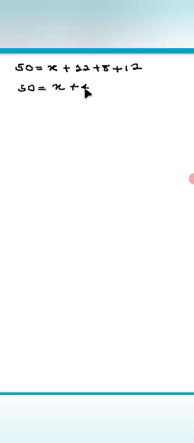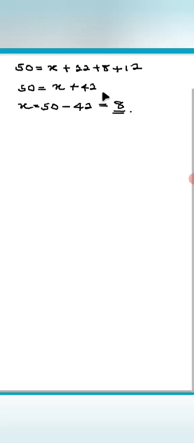So X equals 50 minus 42, which gives me 8, which means the students that play none of the two games are 8 in number. So that is the first question.